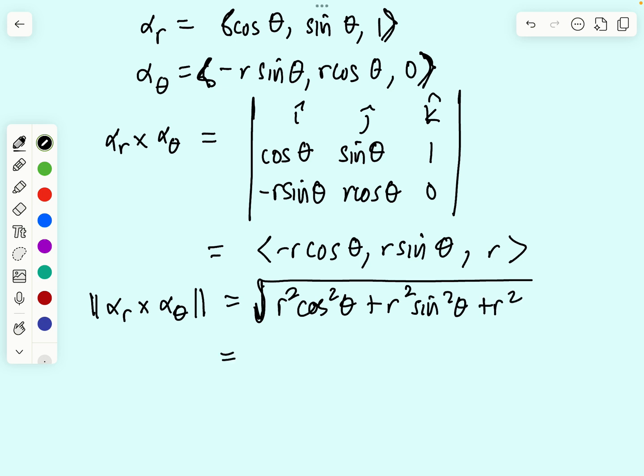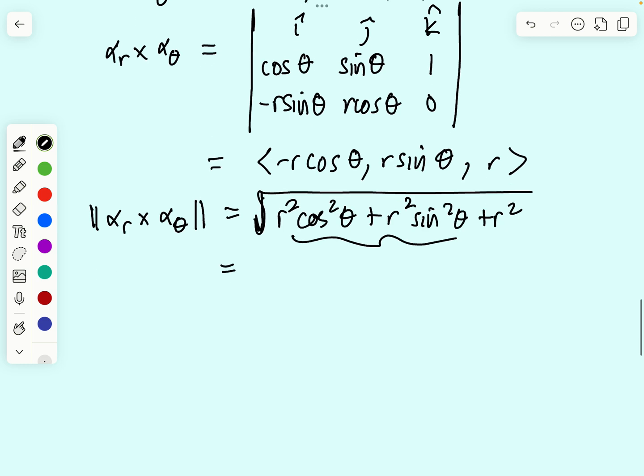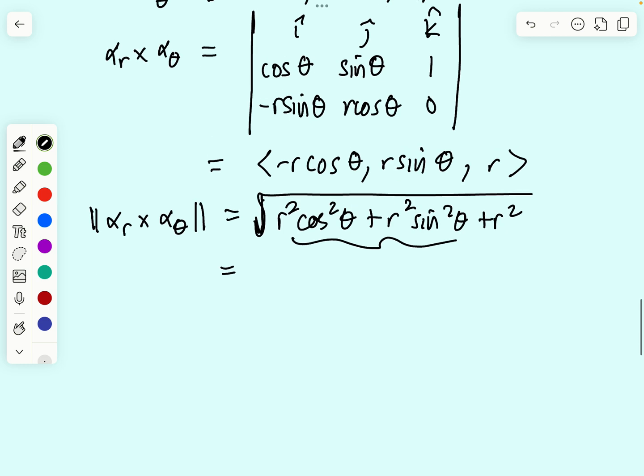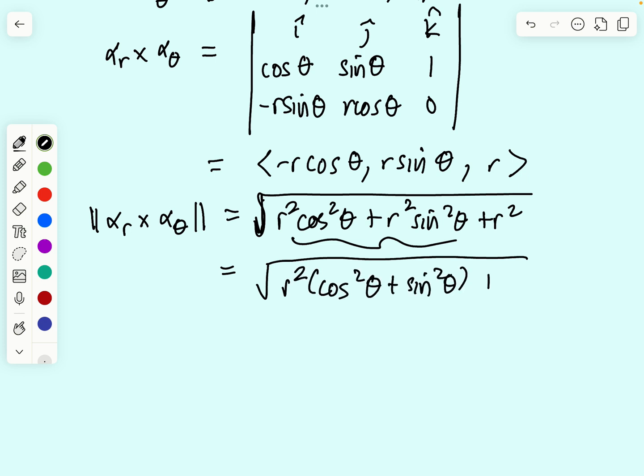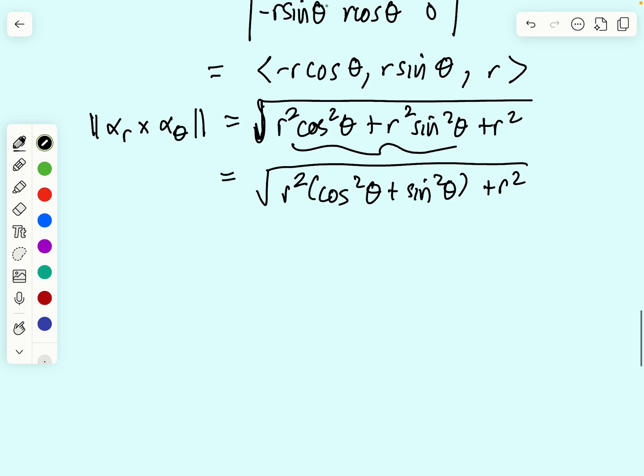Then I can factor out an r squared, so I get r squared times cosine squared theta plus sine squared theta, plus r squared. I'm assuming we're already all familiar with how to do these computations. So cosine squared theta plus sine squared theta is 1, so you get r squared plus r squared, that's 2r squared, and so you get the square root of 2 times r.